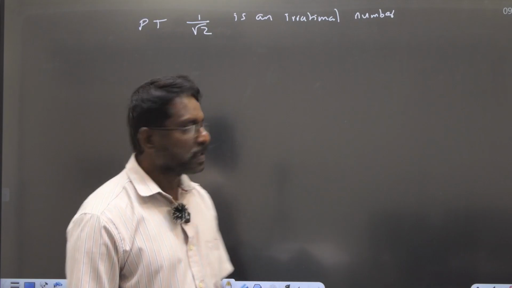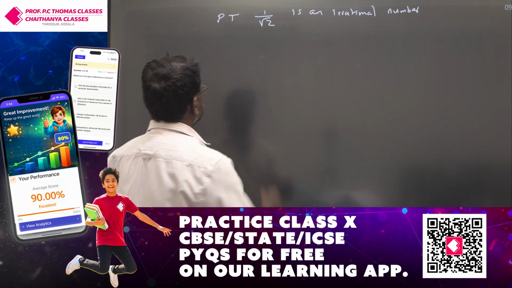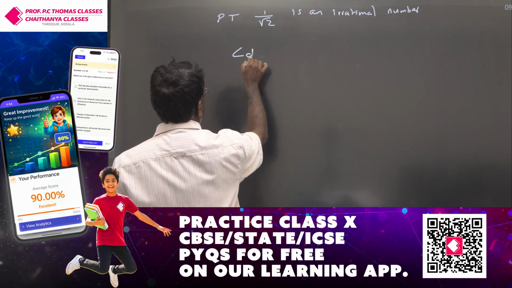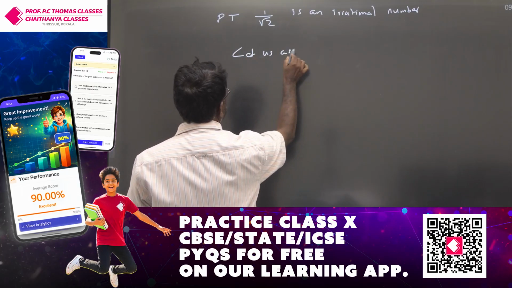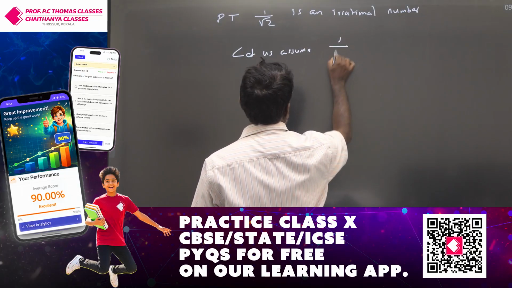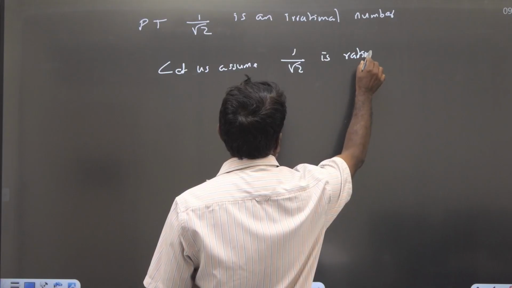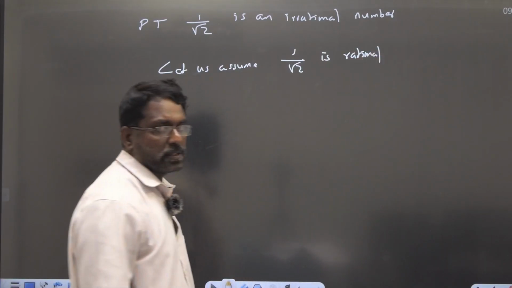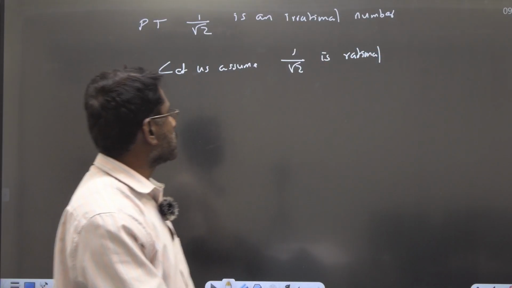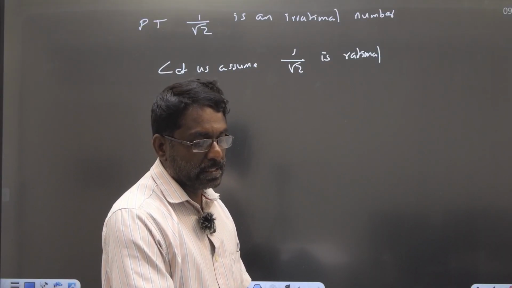Okay, let us assume that 1 by root 2 is rational. You always use this method for doing this type of questions.